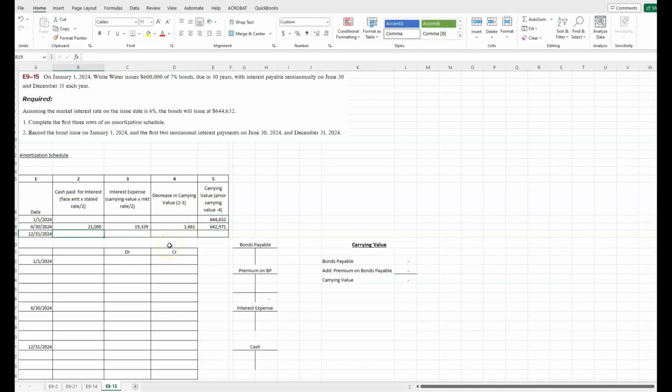Second payment of 2024, 21,000. Interest expense is based on carrying value times half the market rate, which is 3%, and then get the difference between those two. And that's what you're going to reduce the carrying value by.